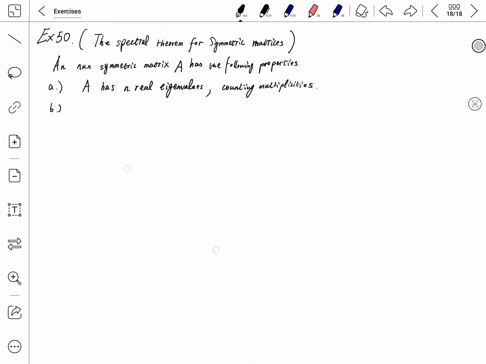Secondly, the dimension of each eigenspace equals the algebraic multiplicity of the eigenvalue, where the algebraic multiplicity of lambda is the multiplicity as a root of its characteristic polynomial.